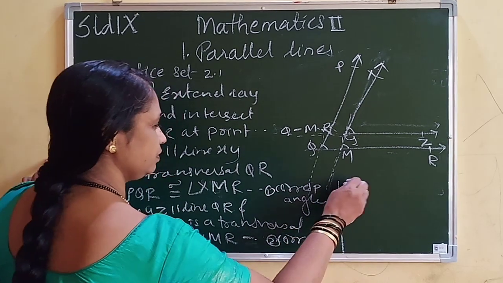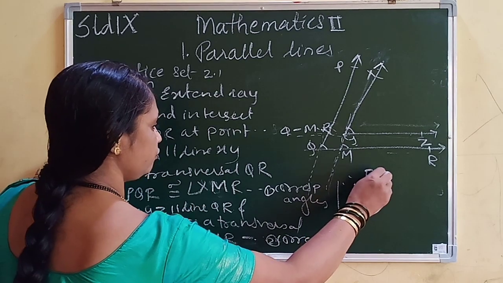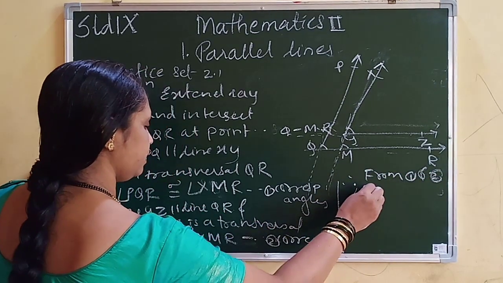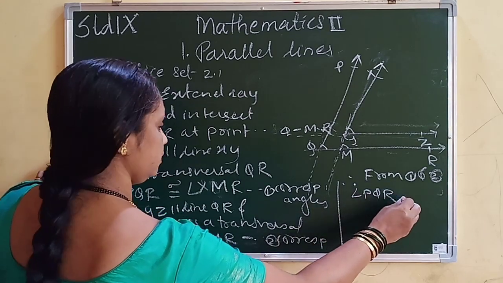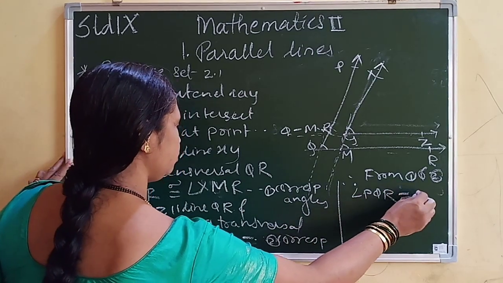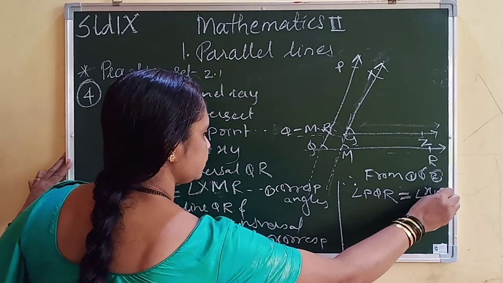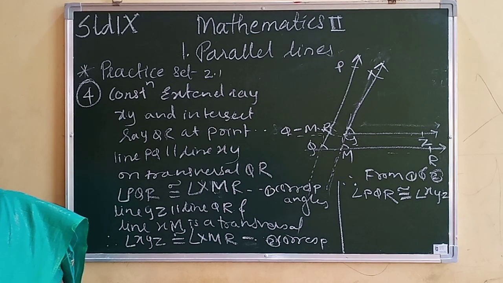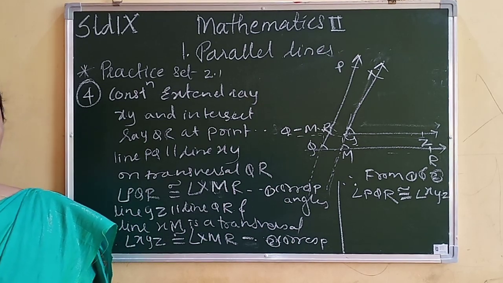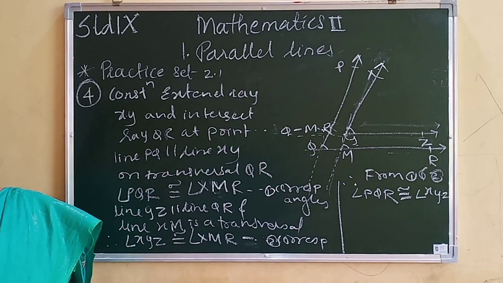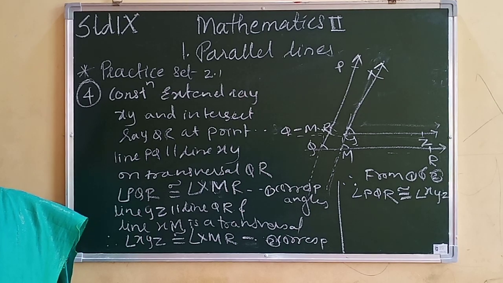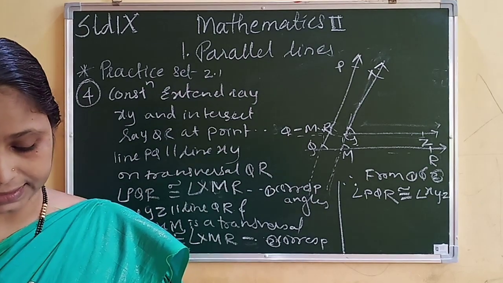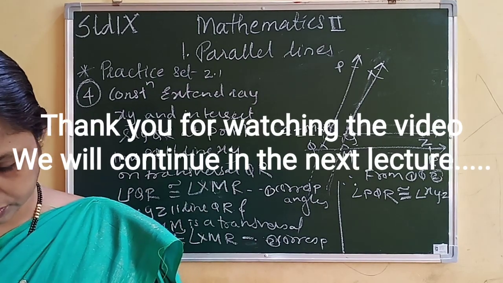Therefore, from 1 and 2, angle PQR is congruent to angle XYZ. Okay. Now with this we have finished all examples of practice set 2.1.